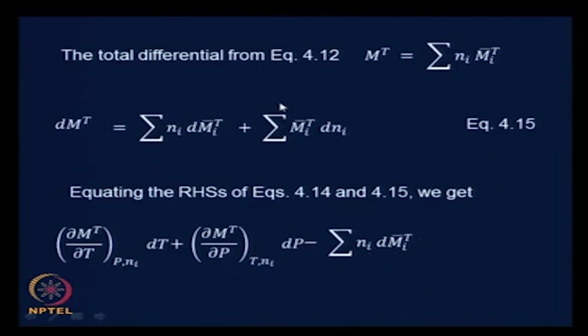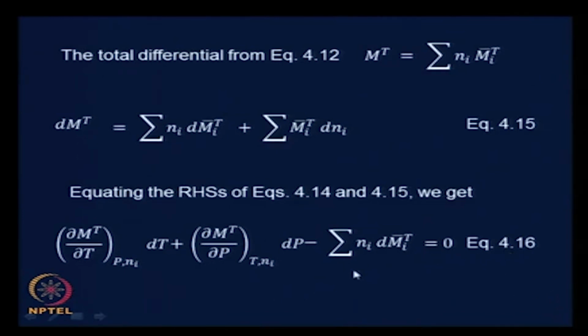So, this term essentially gets cancelled with the same term on the right hand side of equation 414. Therefore, (∂Mt/∂T) at constant P, Ni dT, (∂Mt/∂P) at constant T, Ni dP minus summation of Ni dMi equals 0. Are you able to see something nice here? We will call this equation 416.